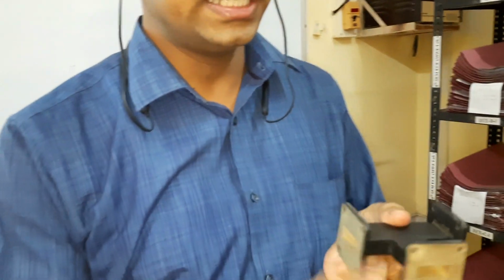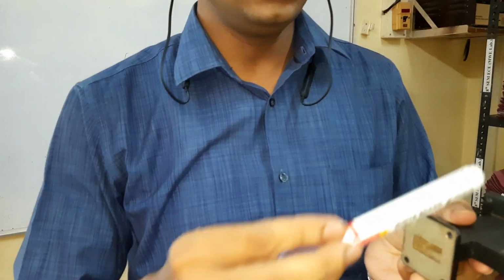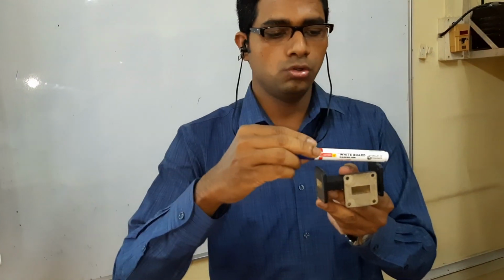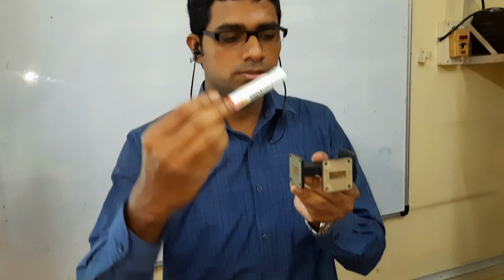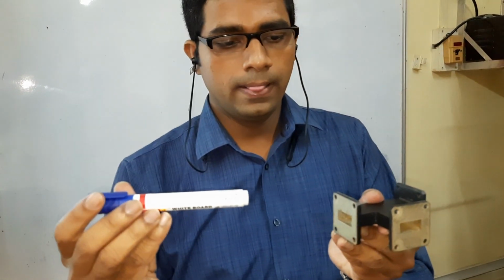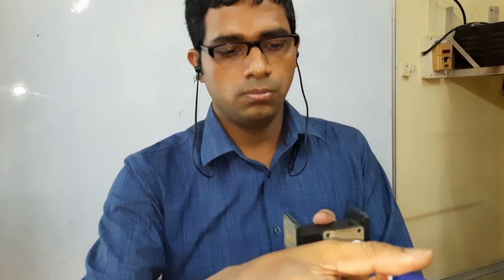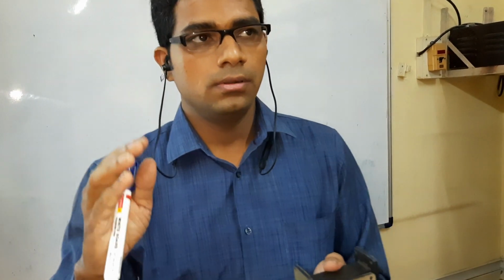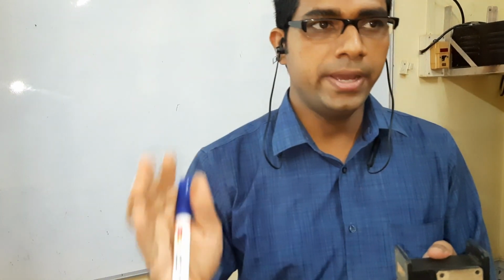If you give the signal, let's say this is port 1, port 2, and this is port 3. When you give a signal at port 3, it is equally divided and in the same phase.